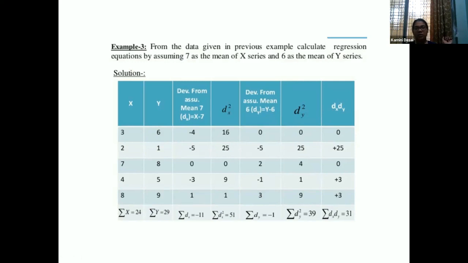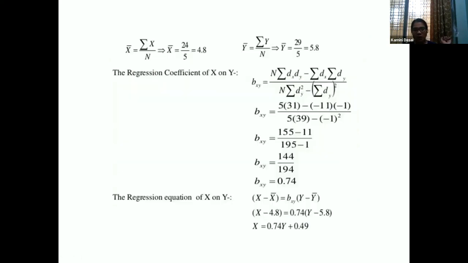Then you can substitute all the values in this equation. We know n. What is n? n is the number of observations, that is 5. We have already calculated summation dx into dy, that is 31. Summation dx is equal to minus 11. Summation dy is equal to minus 1.